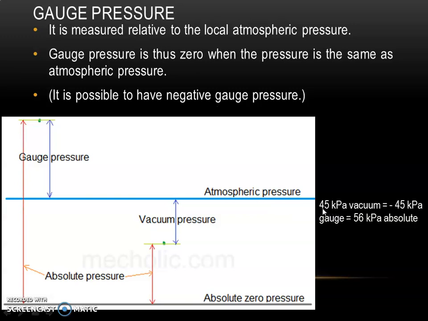If pressure is 45 kPa vacuum, then it can be written as minus 45 kPa gauge, which will also be equal to 56 kPa absolute. So how do we get this value 56? Atmospheric pressure is 101, minus vacuum pressure, that is 45, so we get absolute pressure as 56 kPa.